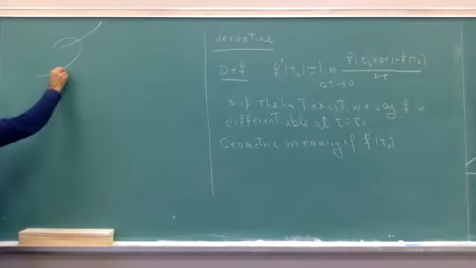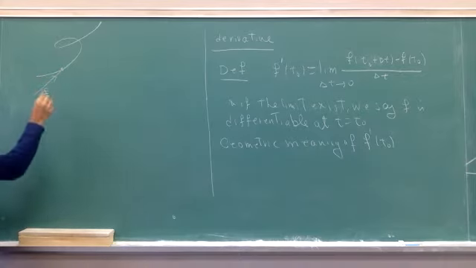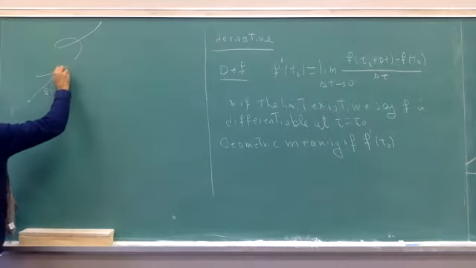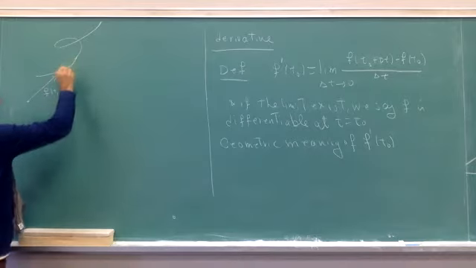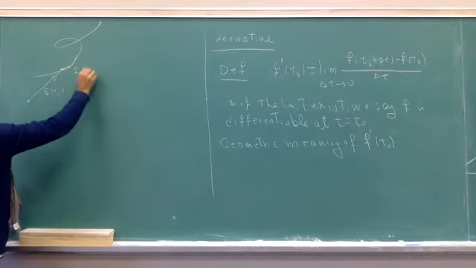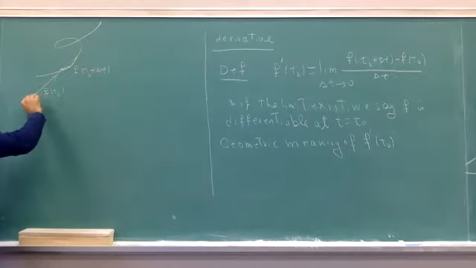Okay, and then what we have? We have this f of t here, right? This is the vector f of t0, say. And then here is f of t0 plus delta t.